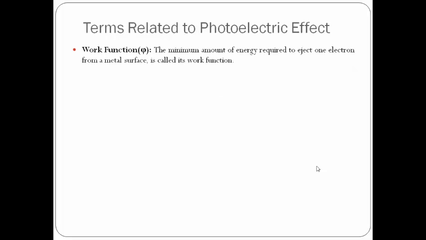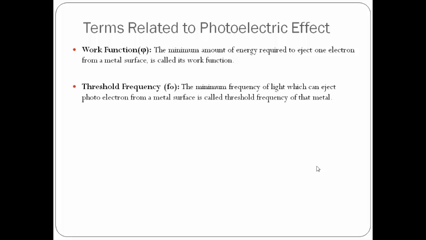Let us see some terms related to the photoelectric effect. Work function. Now the electron requires a minimum amount of energy to leave the metal surface. That minimum amount of energy is called its work function. Threshold frequency. The minimum frequency of light which can eject a photoelectron from a metal surface is called the threshold frequency of that metal.